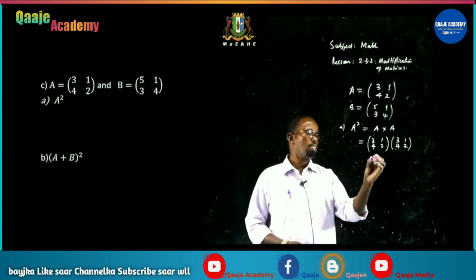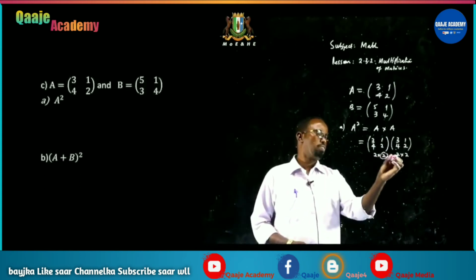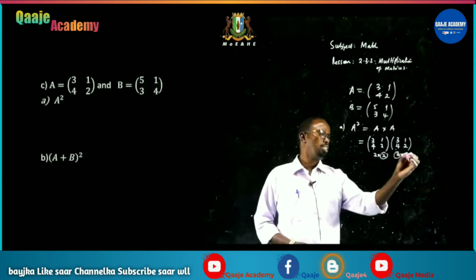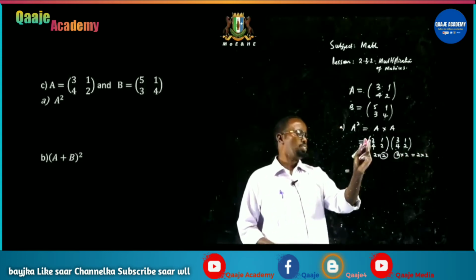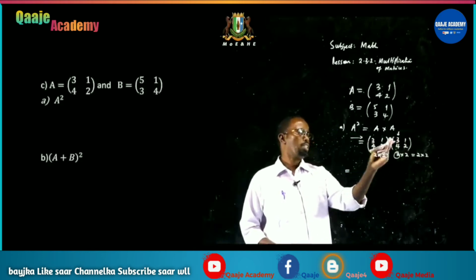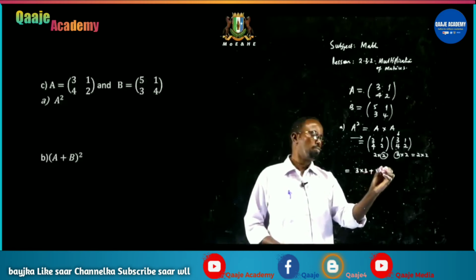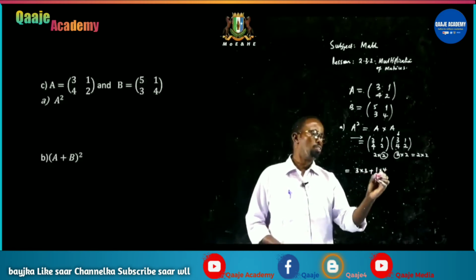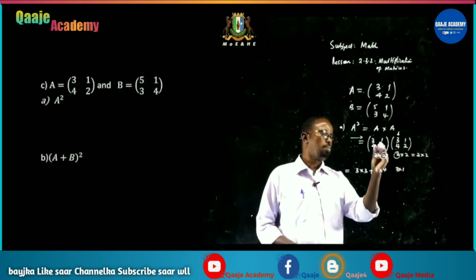So the order is the same there. We have 2 by 2, 2 by 2. The column of the first is the same as the row of the second. So the answer is 2 by 2. Then we multiply first row, first column. First row is multiplied by the first column. 3 times 3 plus 1 times 4. Then 3 times 1 and then plus 1 times 2.